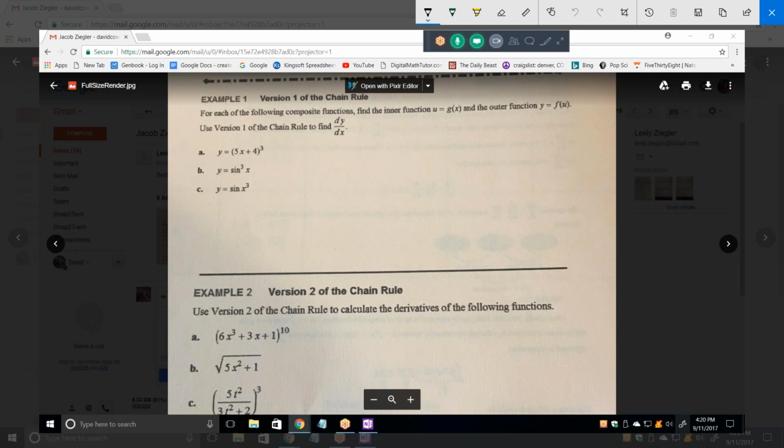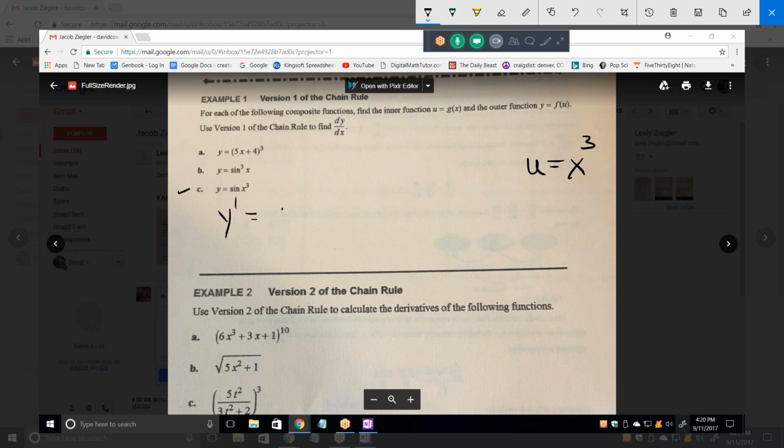Let's start with C. It's a little easier. What's the inside? X cubed. Good. So if I had to use U, now give me the derivative of, tell me what y prime is. It would be 3 sine x squared. Oh, what's the derivative of the outside? In other words, what's the derivative of sine of U?